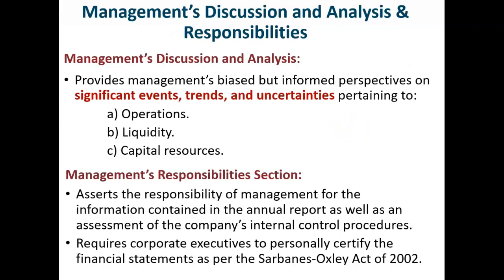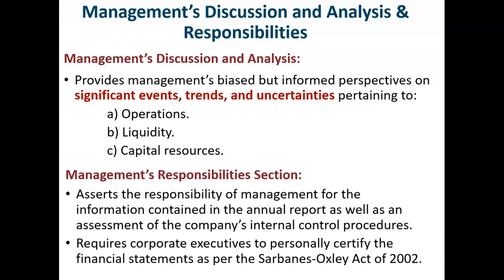In addition to financial statements and accompanying disclosure notes, each annual report of a public company requires a fairly lengthy discussion and analysis provided by company's management. In this section, which precedes the financial statements and the auditor's report, management provides its views on significant events, trends, and uncertainties pertaining to the company's operations, liquidity, and capital resources.